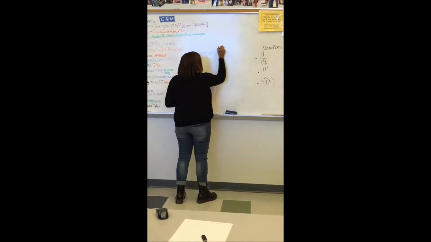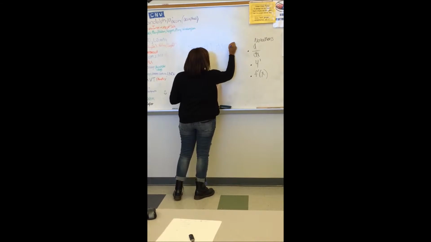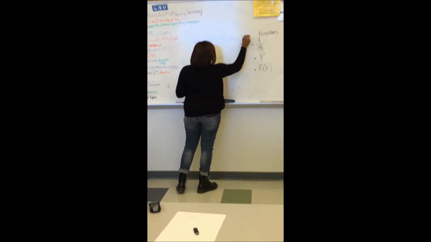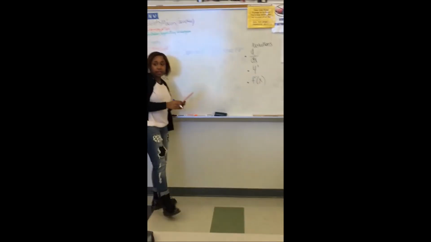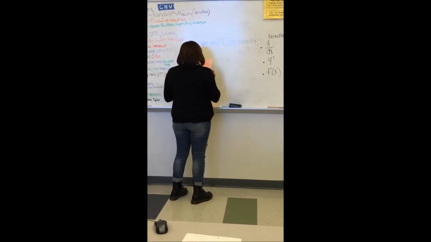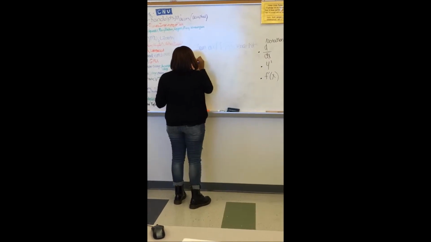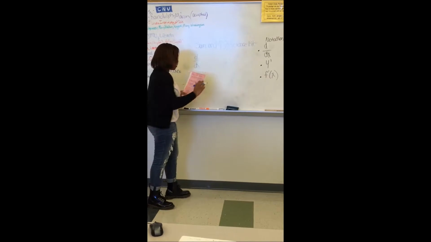So this is the sum and difference rule. And it's basically a combination of the power rule and the constant rule. This notation was really difficult, but when you actually do it, it's nice.